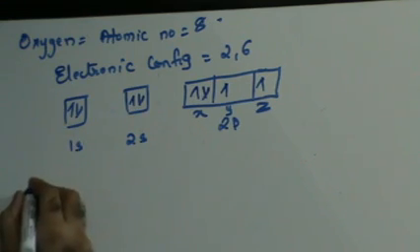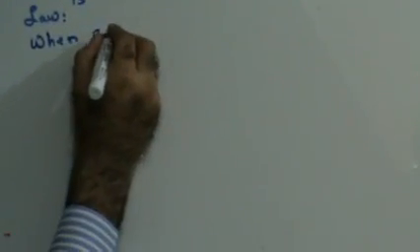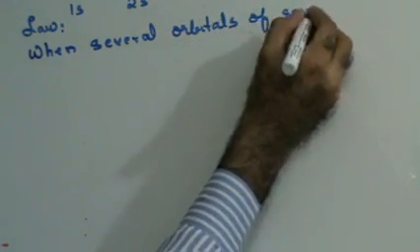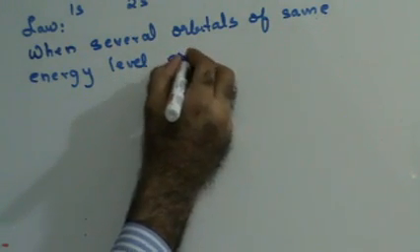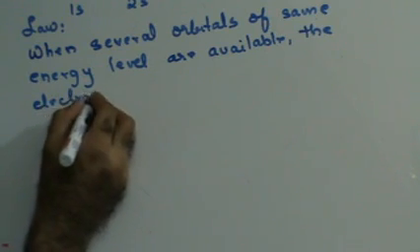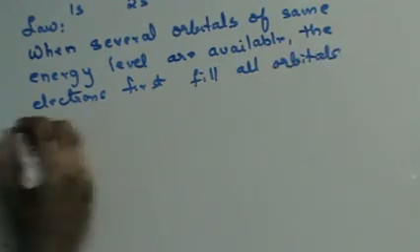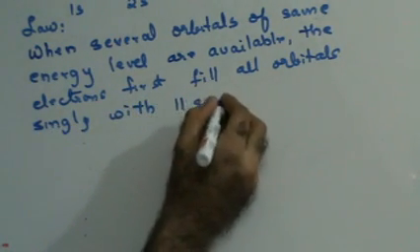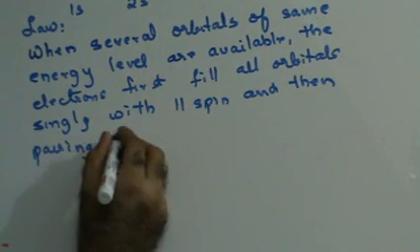Now I'll write the rule down. Write the law down, guys. The law says that when several orbitals of same energy level are available, then the electrons first fill all orbitals singly with parallel spin and then pairing of electrons takes place.